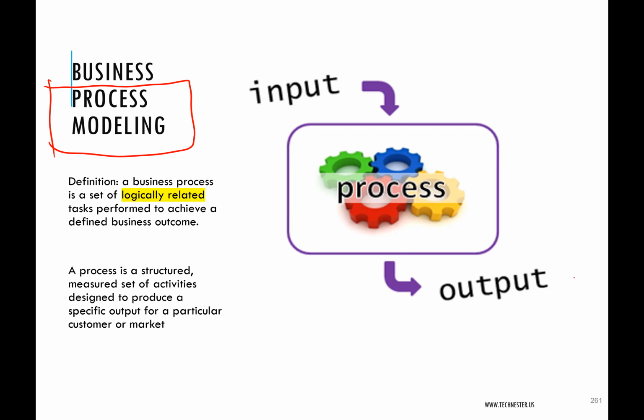Now, when it comes to solution development or software development, there are two key ways you would use process modeling. One is to model the current state. That is how a certain business outcome is being achieved, or how a certain business process is currently organized or being carried out.